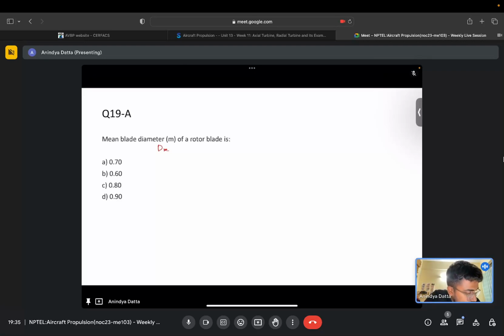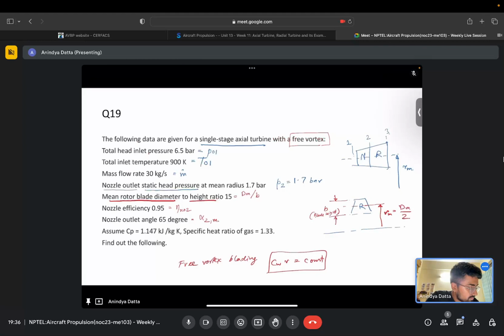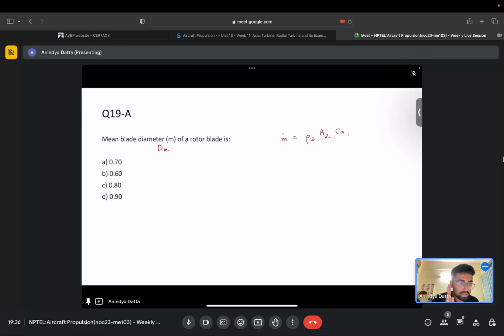We can write the mass flow rate m dot as rho 2 A2 into ca, right? So density times the area, which is the area at the rotor inlet. The rotor inlet area is perpendicular to the axial direction, and we multiply that with the velocity normal to the flow direction, so ca.